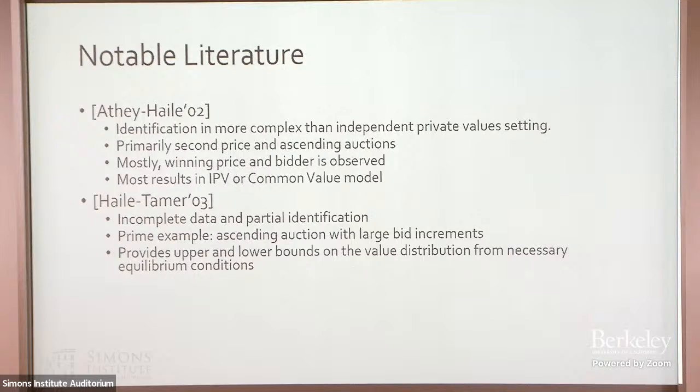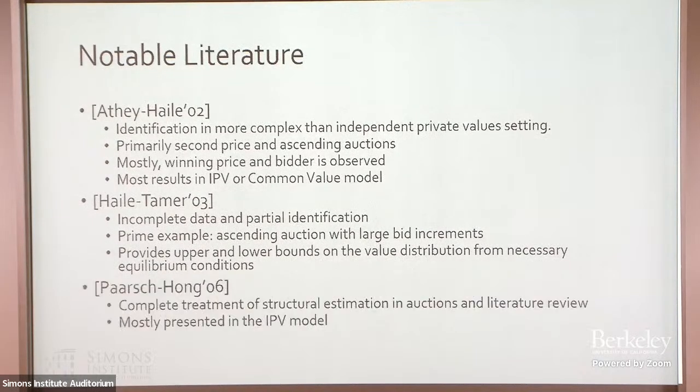Because of that discontinuity of the bid space, you get partial identification of the private value. You can only infer a set of CDFs where your true CDF should lie, so you don't get point identification. If you want a more complete treatment of the current state of structural estimation in auctions, there is this book by Paarsch and Hong that goes over all of these different streams.